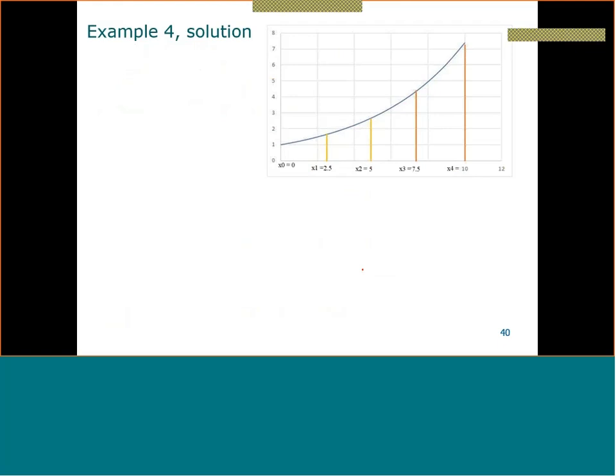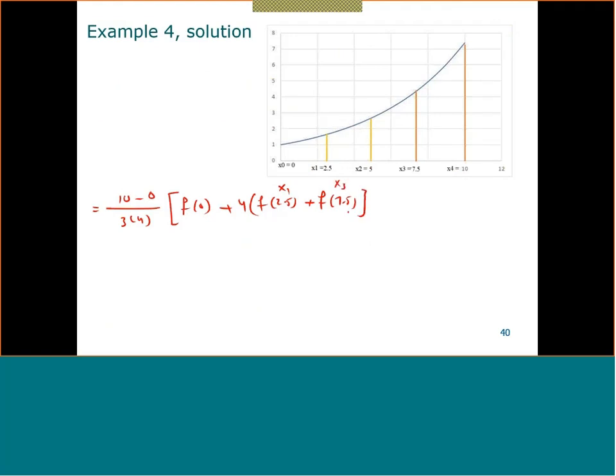So let's start the substitution here in this part now. My integration will be equal to (10 minus 0) divided by 3 times 4, f at 0, plus 4 times f of 2.5, which is x1, plus f of 7.5, which is x3, the two odd numbers.